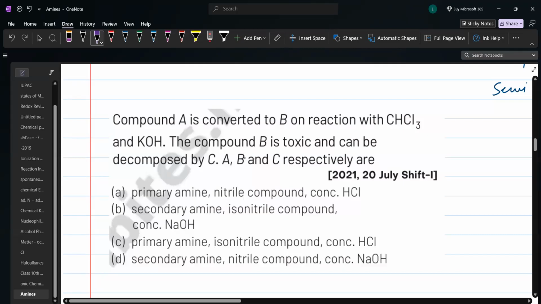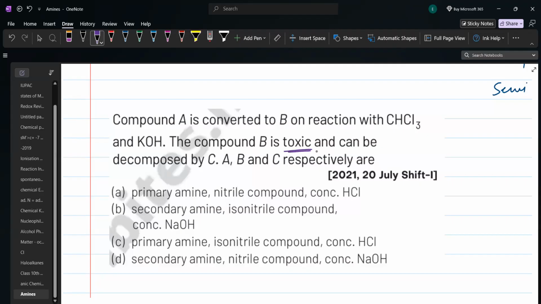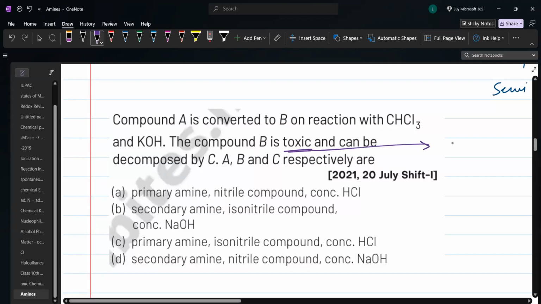When you see anything toxic, there are certain molecules and compounds in organic chemistry mentioned in NCERT which are toxic, and one of them is this isonitrile.